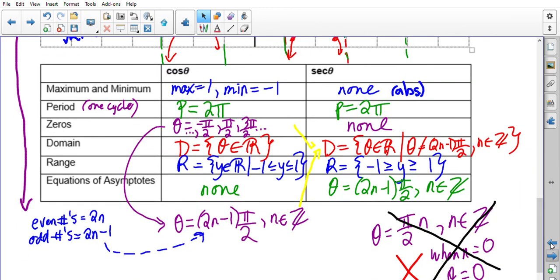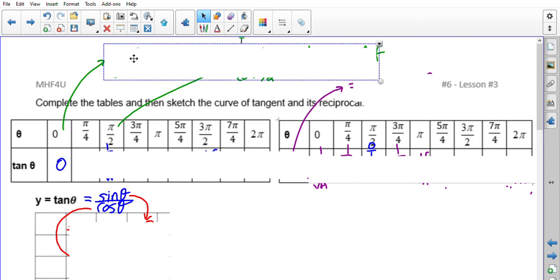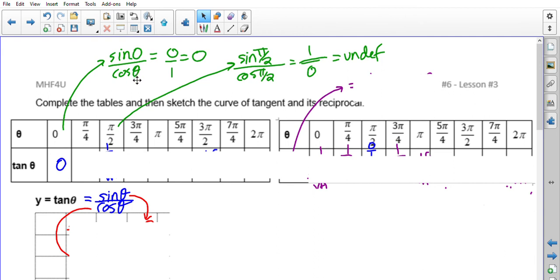All right, and now we have one more to tackle, and that is tan. So to do tan, again, you can just enter into your calculator there. So you can do tan at 0, okay, and you should get 0. Another way to think of tan, if you'd like, is to think of tan as sine over cos.